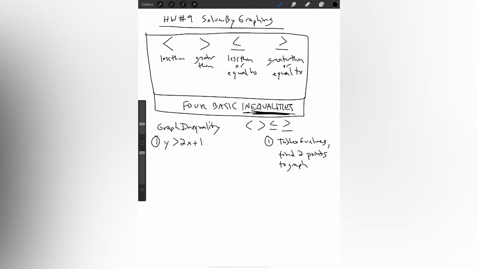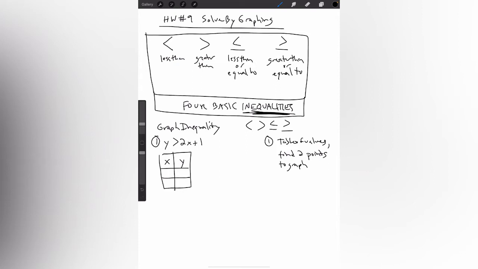I'm not going to make it too big, so I'm only going to find 2 points. You only need 2 points for a line.